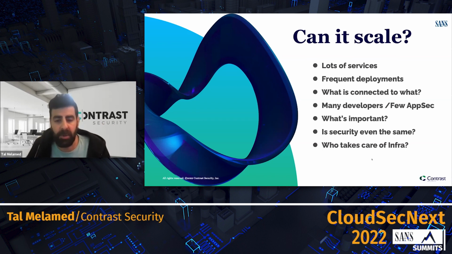I might know how S3 works, but if it's connected to an RDS server or SageMaker or Alexa, I might not know how to make sure everything is secure. Developments are much more frequent, pushing more to production, creating value on a daily basis, multiple times a day. How can the security team really follow that?